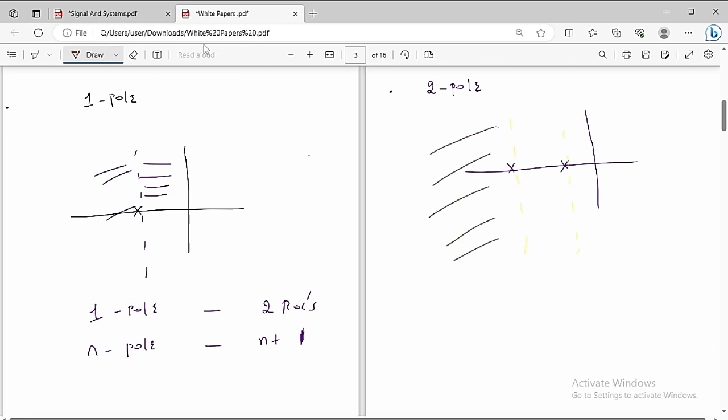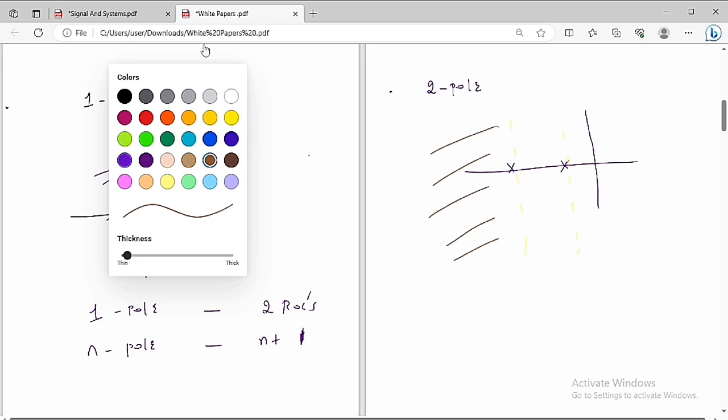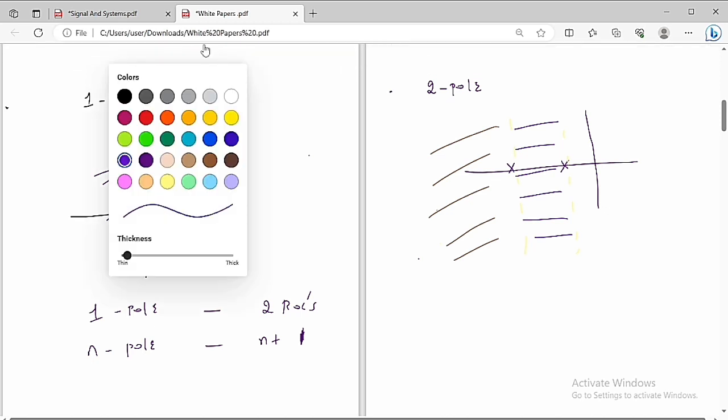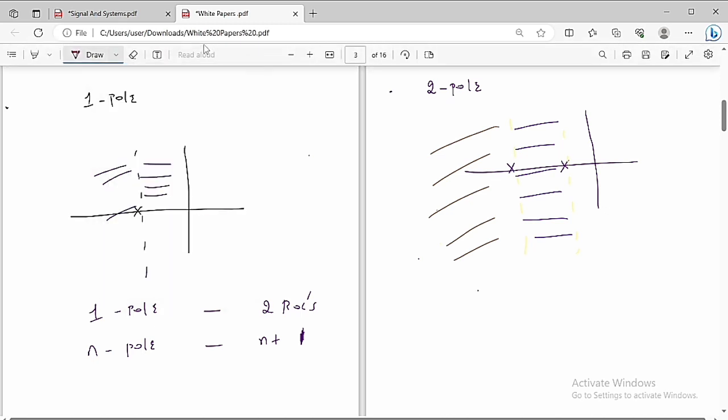This is the other possible ROC. And the final one is one more ROC. So how many ROCs are possible? Only three. So with the help of two poles, three ROCs are possible.